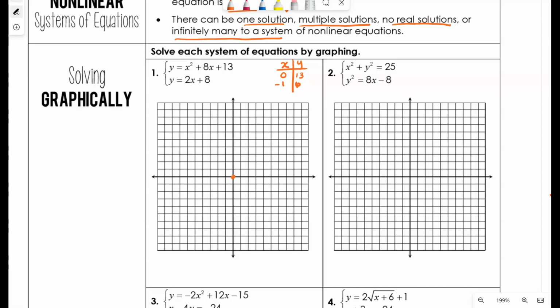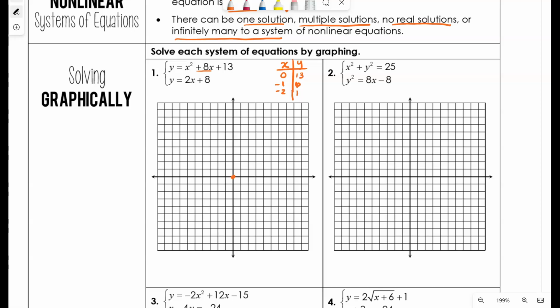So now we're coming down. If I plug in -2, -2 squared is positive 4, plus 8 times -2, which is -16. So 4 minus 16 plus 13 gives me a 1.